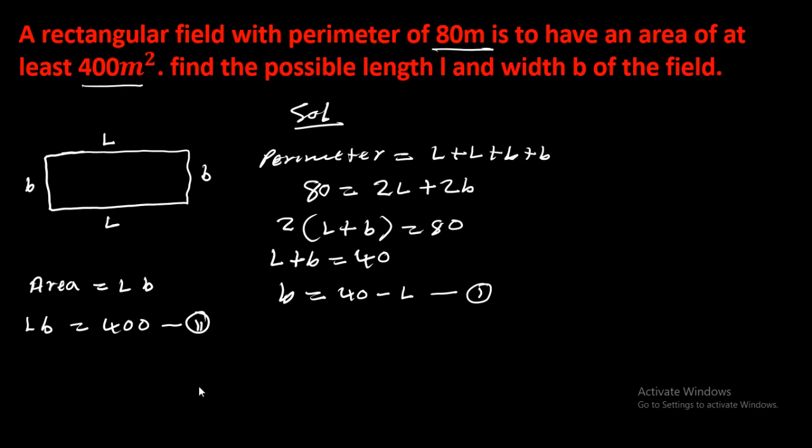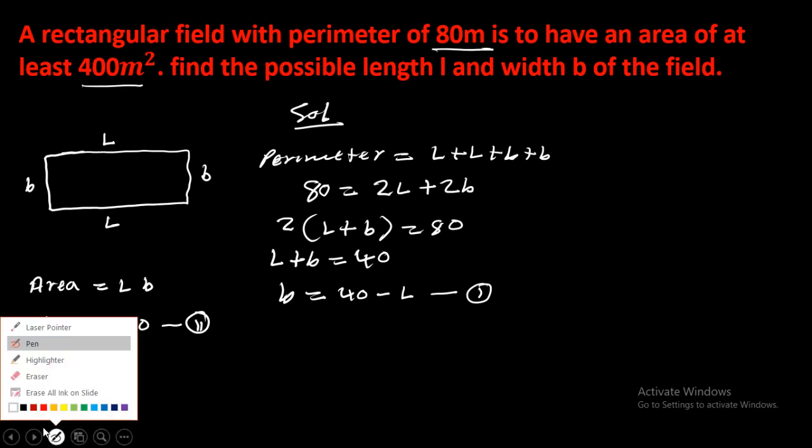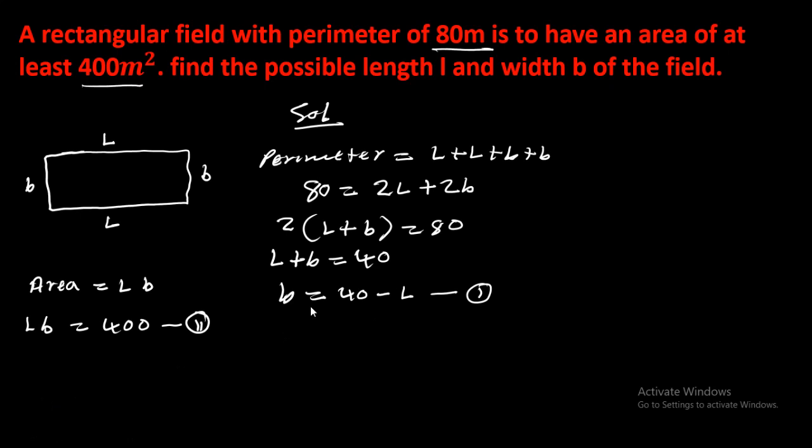So if we were to replace this in that, you need to understand that this will simply be L open bracket 40 minus L close bracket is equal to 400, like that. Then after we do that, we need to understand that we have simply replaced B where L is.